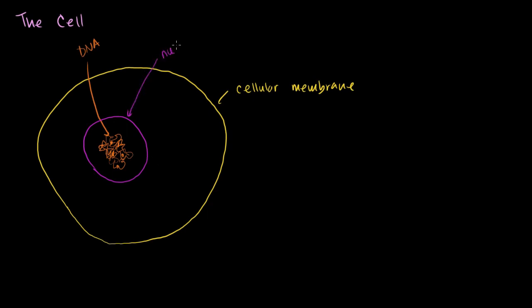I said that's a major division because when some people looked at some cells and they saw a nucleus, and other cells and they didn't see a nucleus, they said, hey, this is a good way to classify organisms. So they called things that had nuclei eukaryotes. These have a nucleus. So as I've drawn this cell right here, it is a eukaryote.